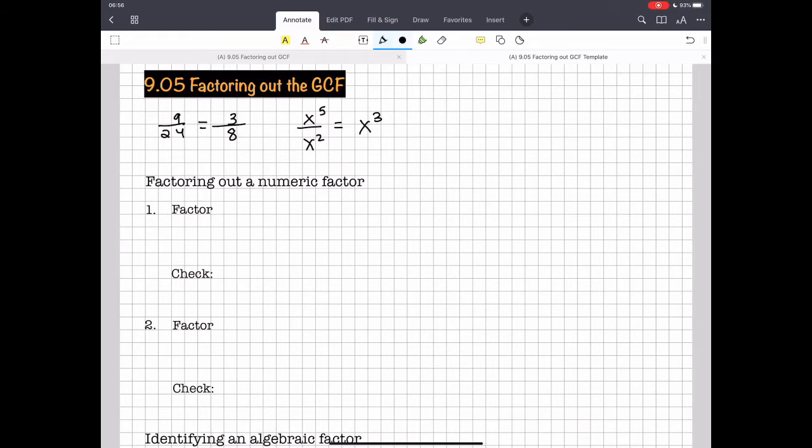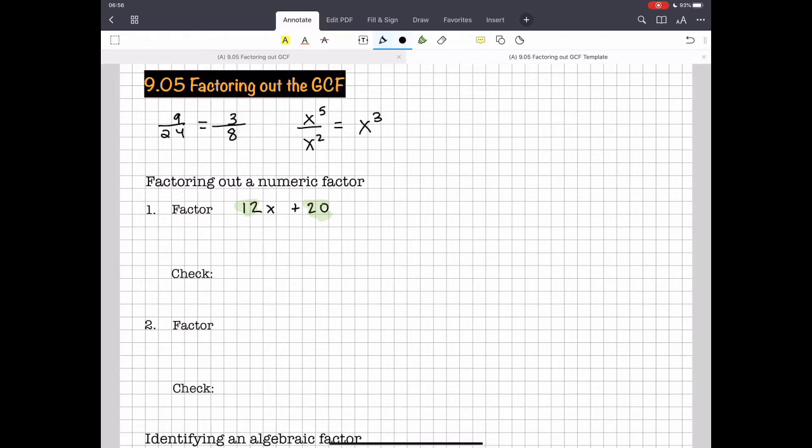So in our first actual problem, we're going to factor out a numeric factor, and then we'll see how we can check our answer. So the problem is 12x plus 20, and we want to factor out the GCF. So we're looking at what do the 12 and the 20 have in common here.